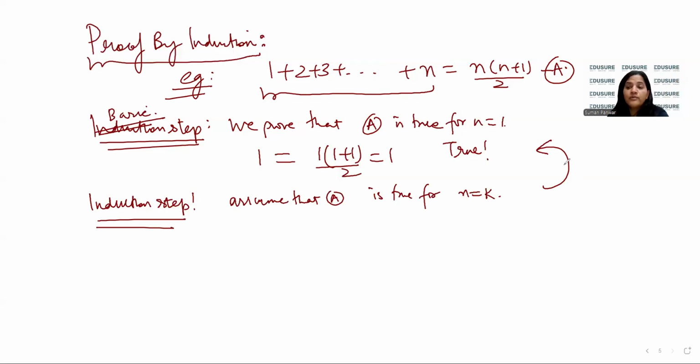Proof by induction only works when we are sure that it is holding true for n equals to 1 or a natural number which is the least value. For example, if you want to prove a statement for n greater than or equal to 2, then we should check the basic step for n equals to 2. Okay. So now we come to induction step. Here we assume that A is true for n equals to k. So we are going to get one statement like this.